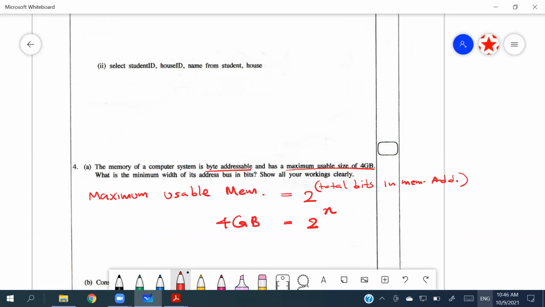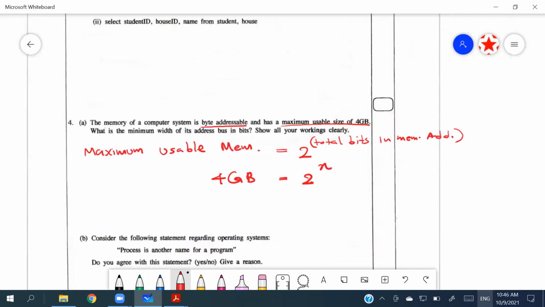So 4 GB should be converted into bytes. Why is it converted into bytes? Because it says it is byte addressable. So 4 GB into bytes: GB becomes MB, MB becomes KB, KB becomes bytes. So 4 means 2 to the power 2.